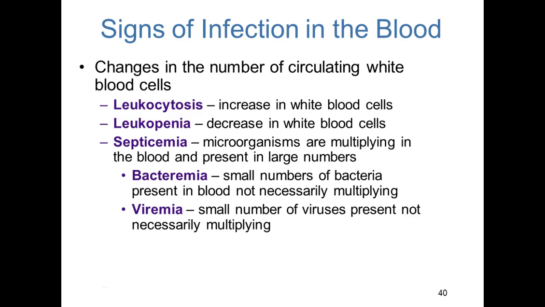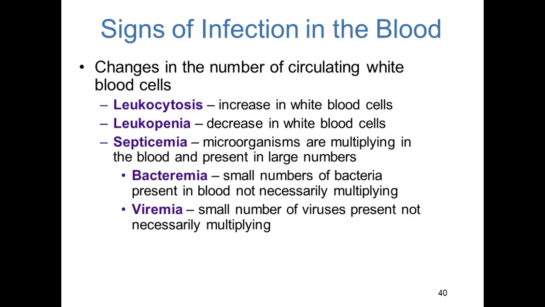Septicemia is when microorganisms are multiplying in the blood and present in large numbers. It's bacteremia if they are present in blood but not necessarily multiplying. For example, there may be bacteria in the lungs during pneumonia, and those bacteria often take a run for it in the bloodstream. You might have heard a physician ask for blood cultures to be drawn when a patient's temperature spikes.